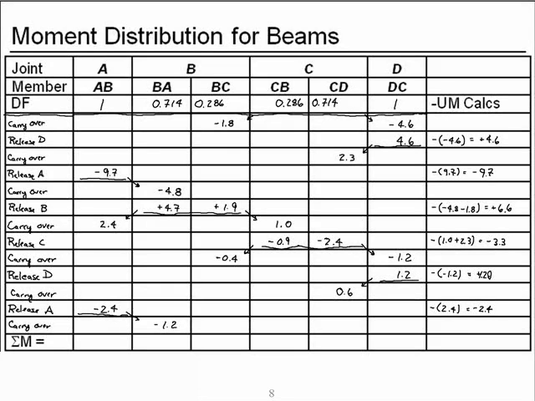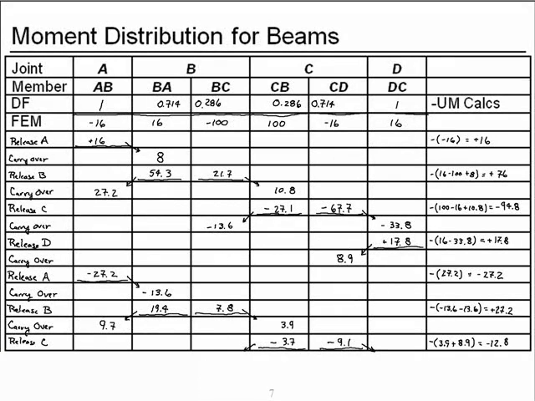So we are ready for step 5. Find the moments inside the beam. And we do that by adding up within individual columns. So for joint A, we go to the top of our worksheet and we start adding up.